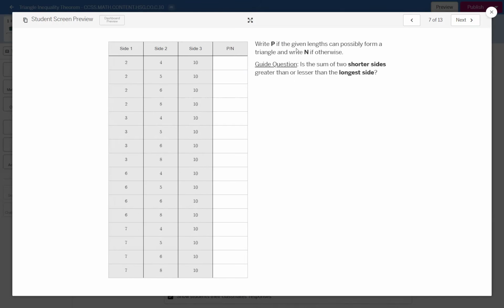Write P if the given lengths can possibly form a triangle, and write N if otherwise. We have a guide question here, and don't hesitate to ask your teacher if you have any other question. This learning journey is shared by all of us, so don't hesitate to ask questions and clarifications.